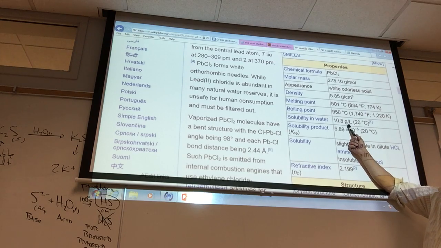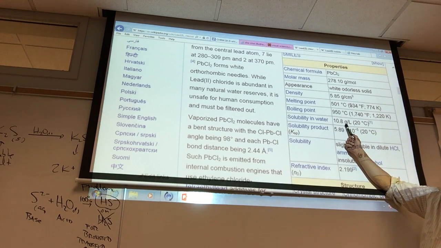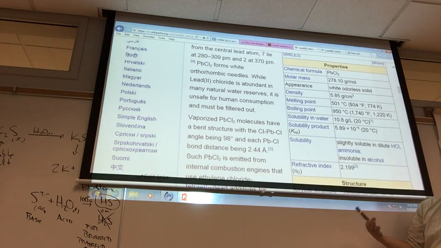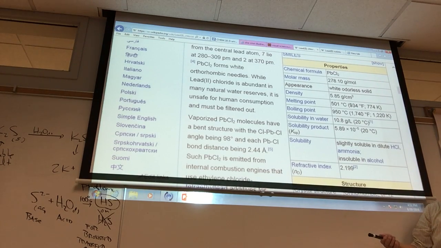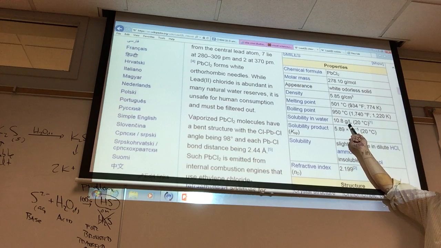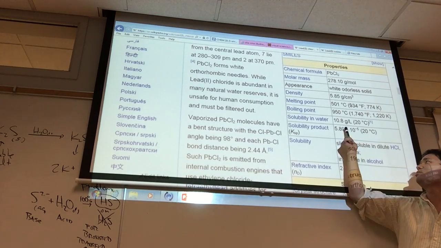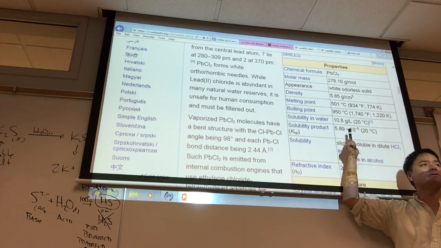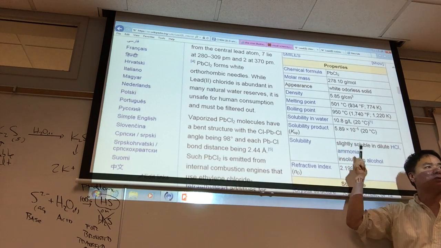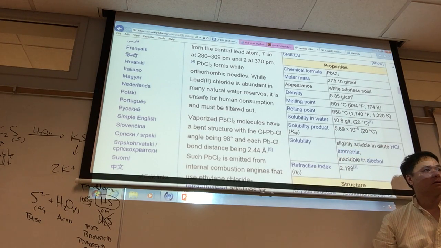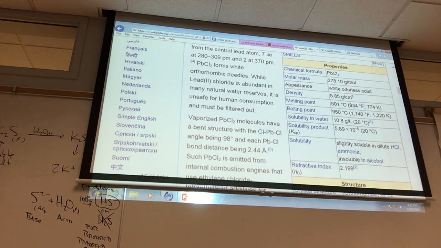The solubility at 20 degrees is 10.8 grams, but that's per liter, so in 100 milliliters we have to divide by 10. We could dissolve 1 gram, or 1,000 milligrams, here. So which one's more soluble? PbCl2. PbCl2 is a heck of a lot more soluble, it looks like, than PbI2.